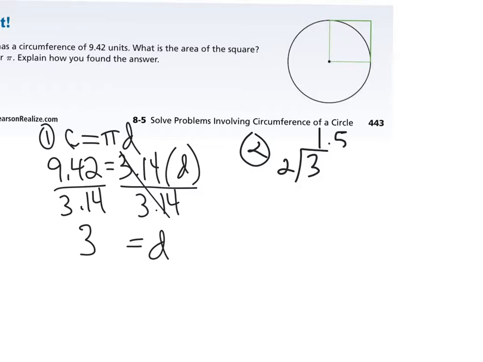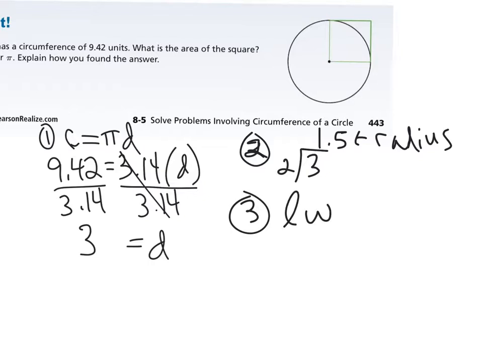Good. So that would be the radius. And then, as someone said, we've got the length times width to get the area. So length and width on the square are both 1.5. So we could take 1.5 times 1.5.